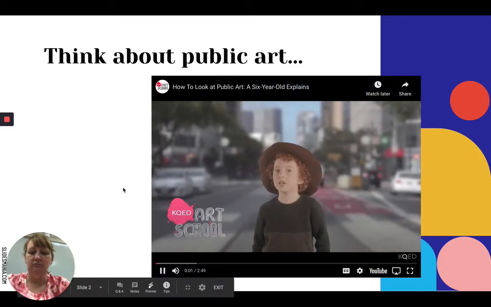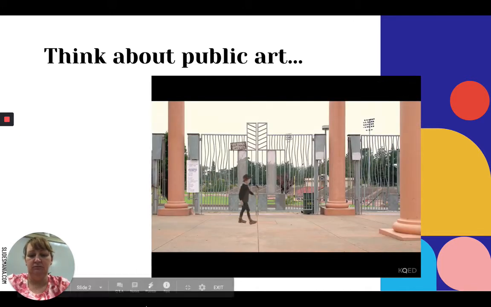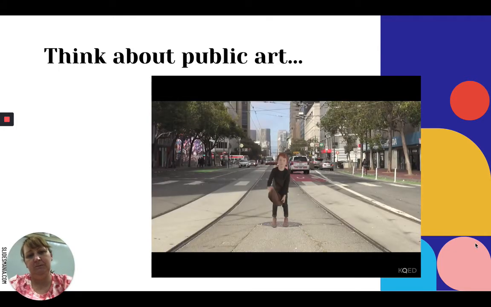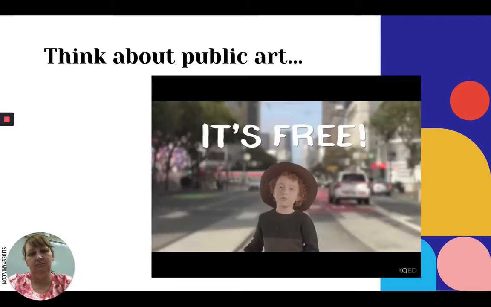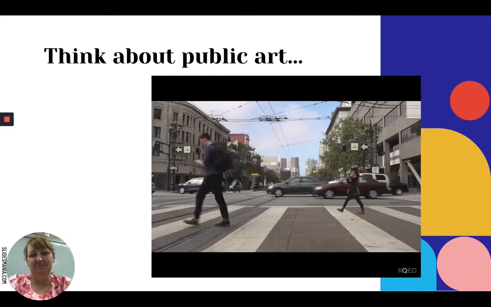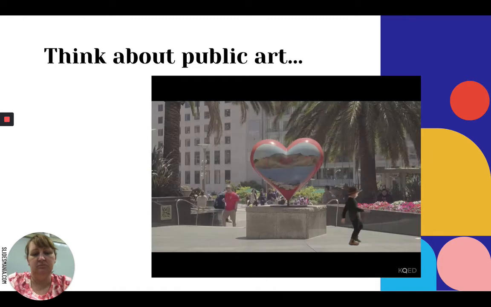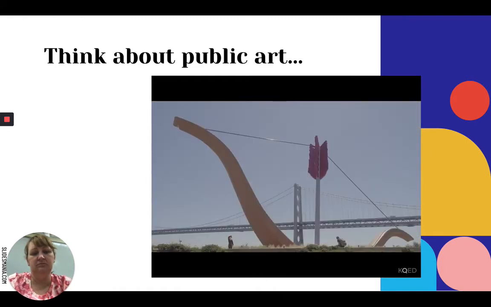Almost every city has public art, but sometimes we don't even notice it. And sometimes it's impossible not to notice it. Let's go explore some outdoor art. It's free! What the heck is this giant bow and arrow doing here?